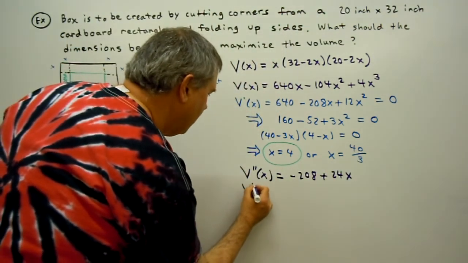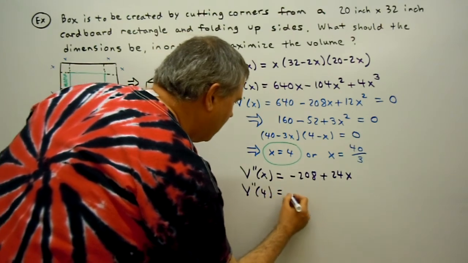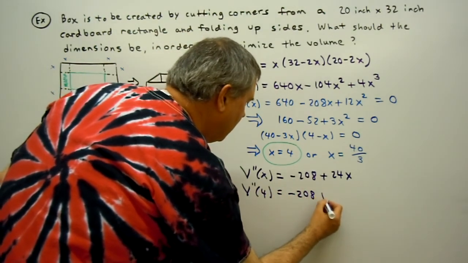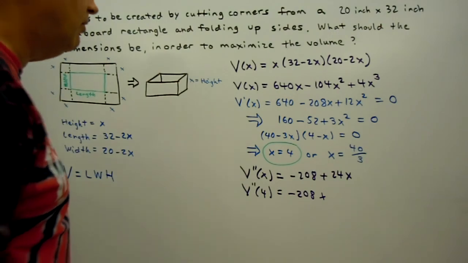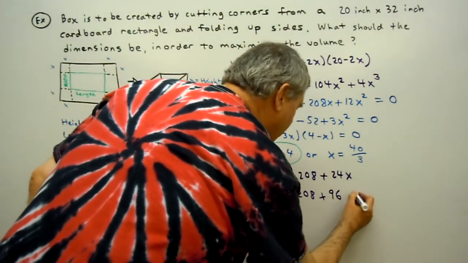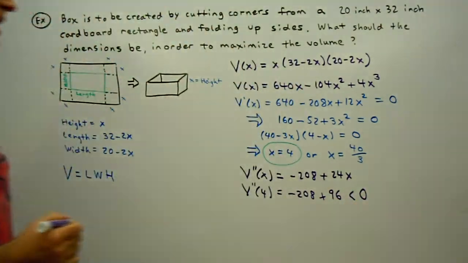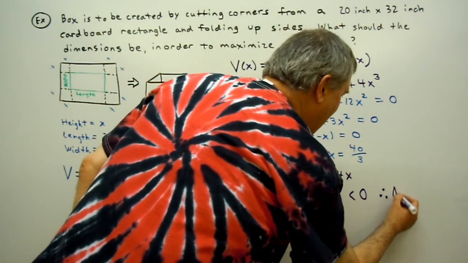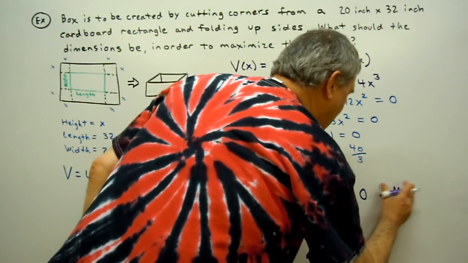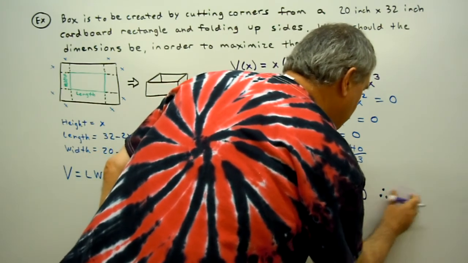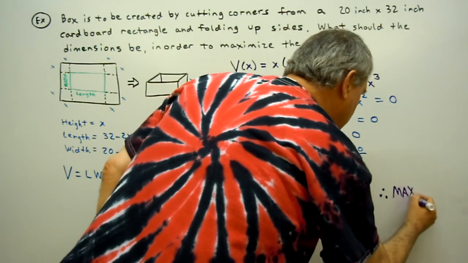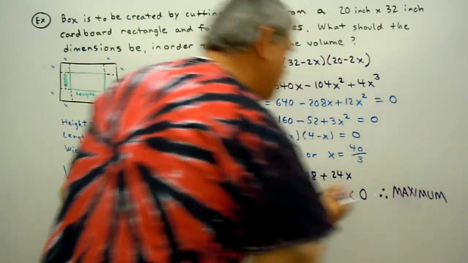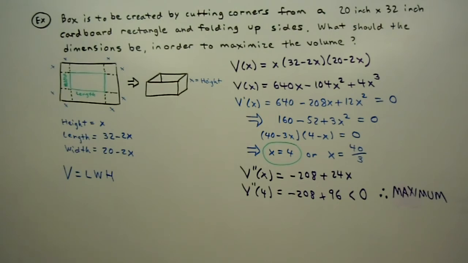Then if we take the second derivative evaluated at 4, we get negative 208 plus 4 times 24, which is 96, giving negative 112. We see that this is negative, and a negative second derivative indicates that yes, we do have a maximum. So that would be the height of the box maximized.